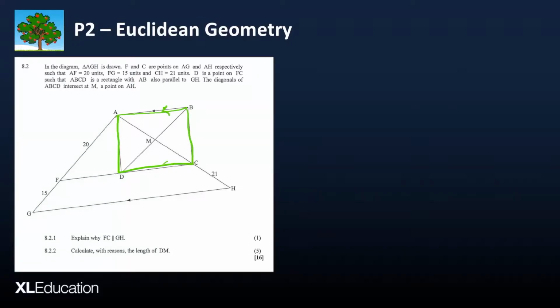So this is parallel to that, and that is parallel to that. We are interested in AB being parallel to GH. Remember GH, we are told that these two are parallel, so it's given.